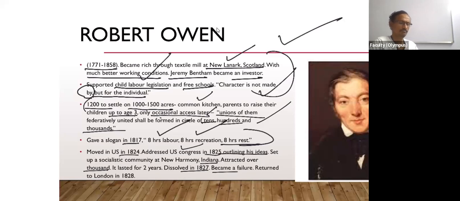So it failed. Okay, so Robert Owen's experiment in community living failed. And many more communal experiments took place on the basis of Owen's ideas. But as of now, no such experiment turned out to be a successful one.